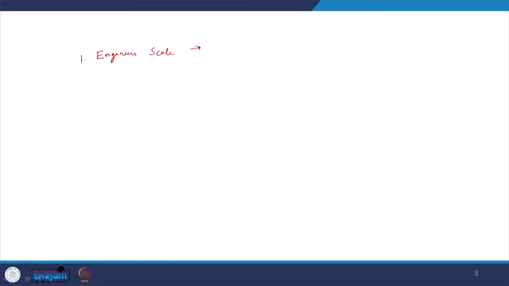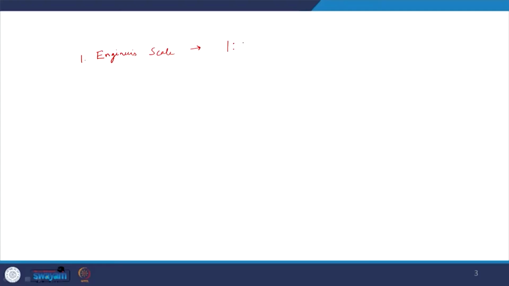And how do we do that? Just as I had done in the previous slide. We just write 1:100. That is the scale.